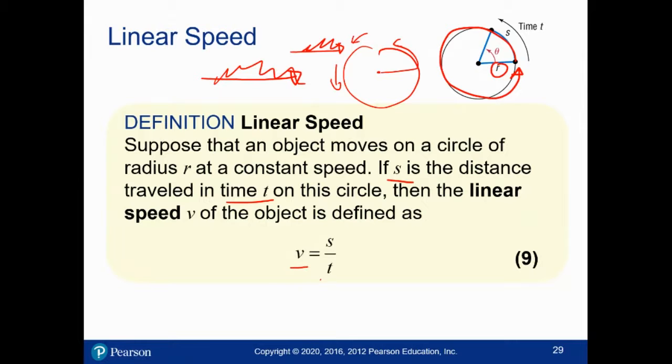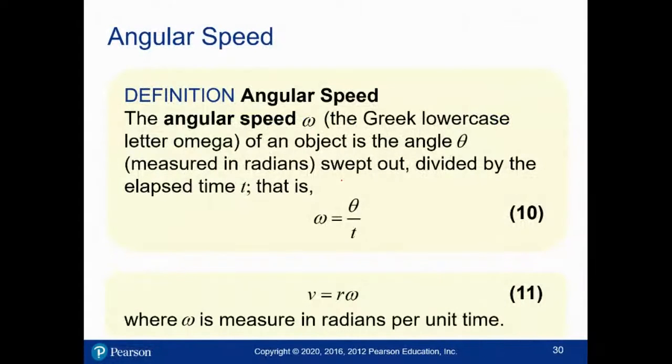Well, if your distance was s and your time was t, then your speed is the ratio. This is just saying that speed is distance per time. So velocity, v, is distance s per time t. Okay. So what is angular speed?